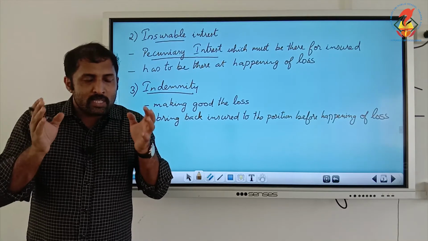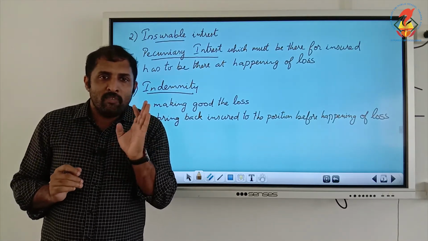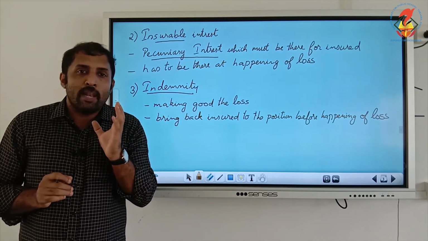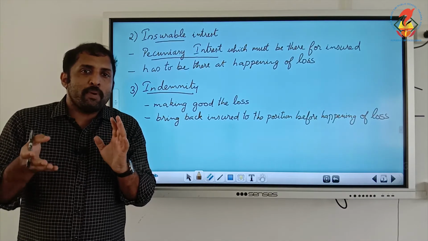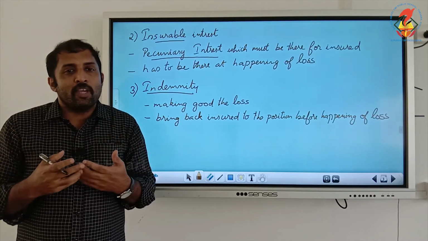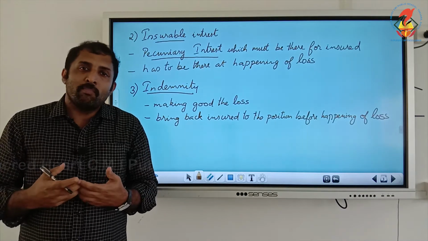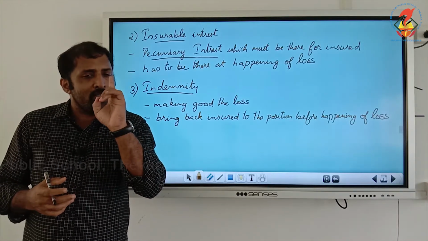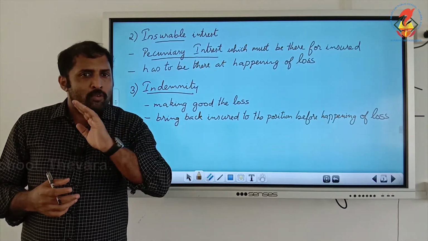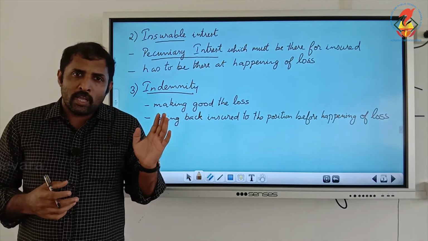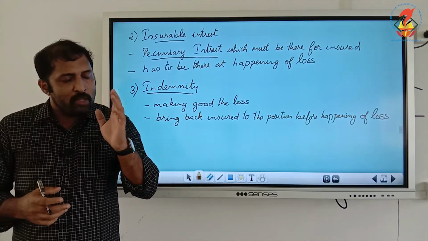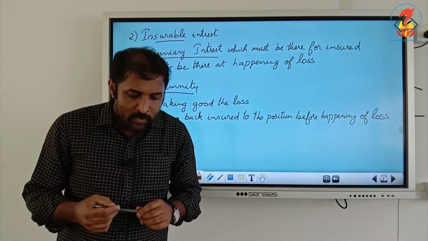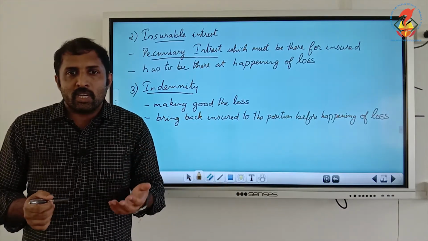But there is an exemption for this principle in the case of life insurance. The life of a human person can never be valued. So, it cannot be brought back to the same position before the happening of loss, because if human life is lost, by no amount can we compensate that. Human life cannot be measured in terms of money.